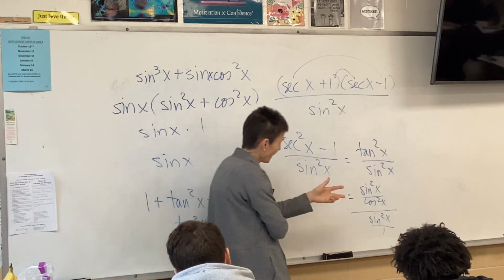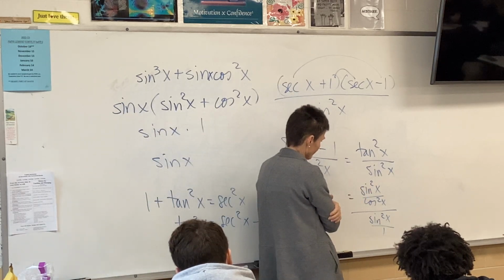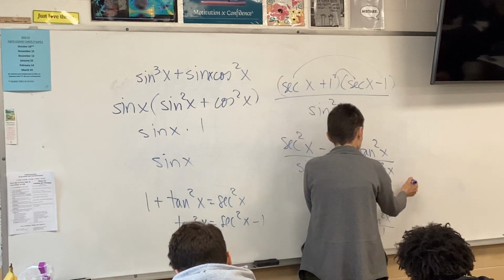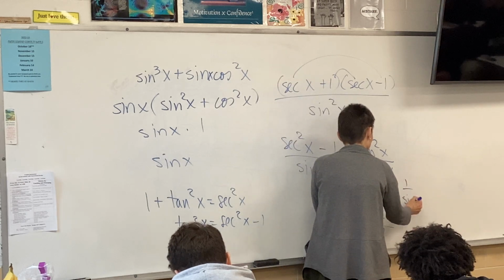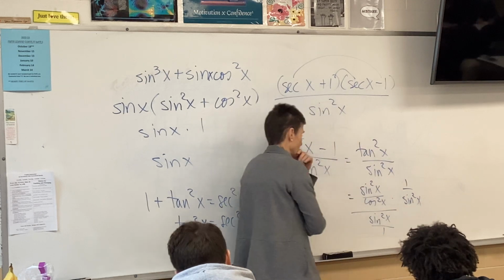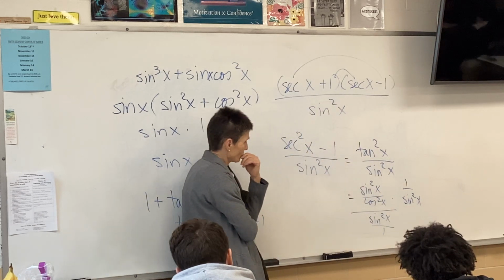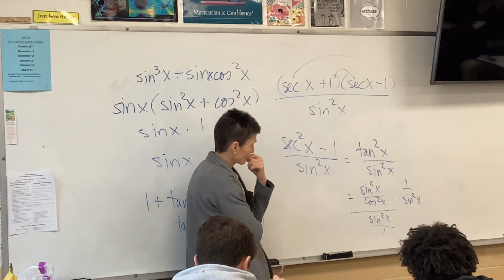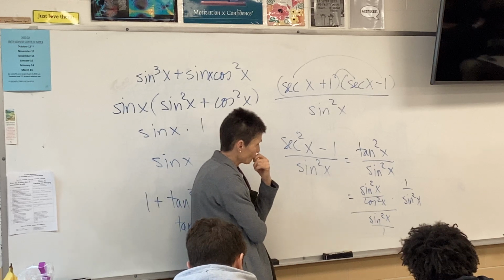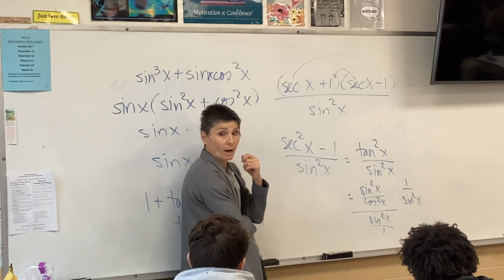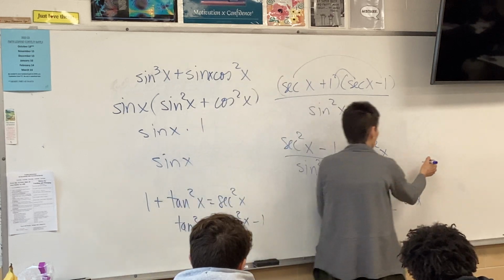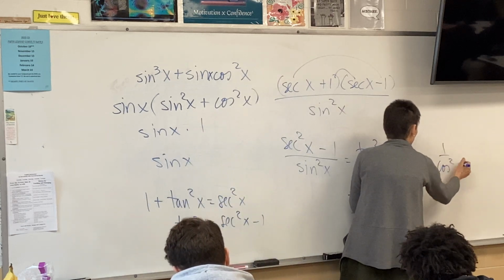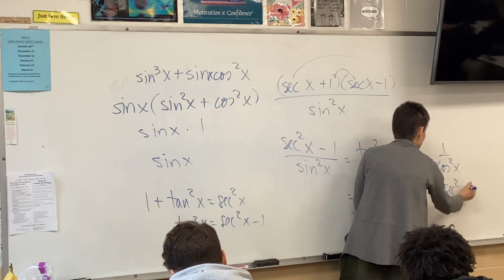What do I do when I divide fractions? So times 1 over sine squared. What happens? It's 1 over cosine squared, which is secant squared.